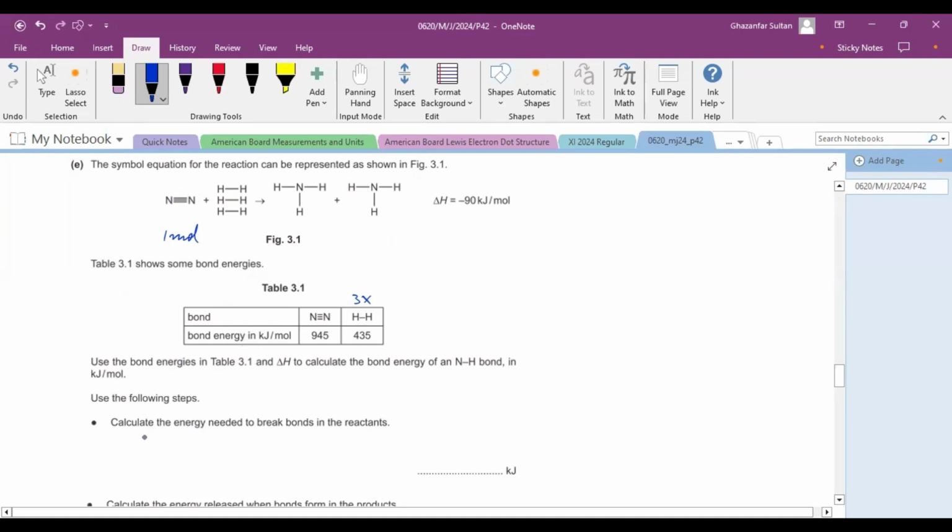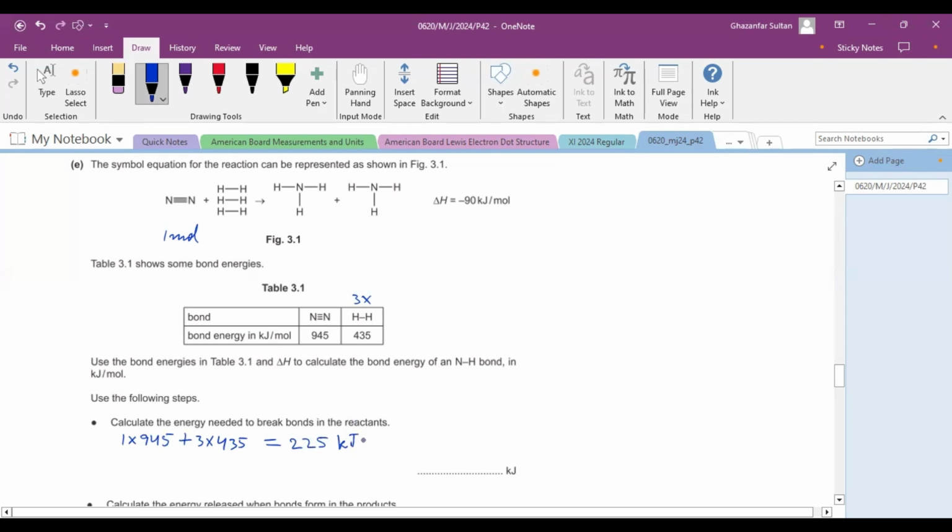First, as 1 mole of nitrogen is being broken, 1 multiplied by 945, and then plus 3 multiplied by 435. After calculation, the total answer from the calculator would be 2250 kilojoule per mole.